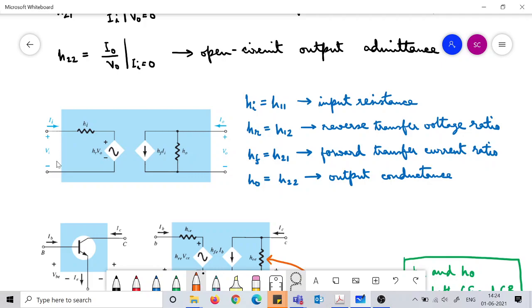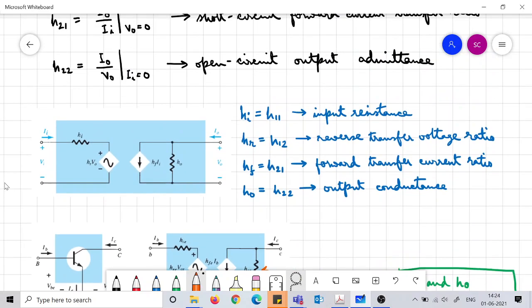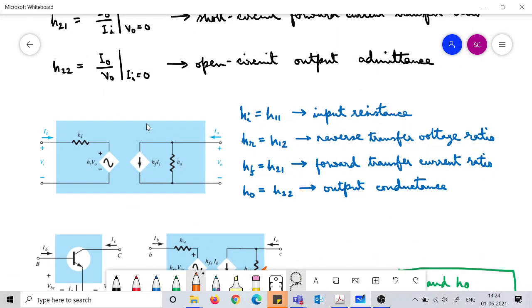So in the transistor, some input current comes inside, and sorry, this is not for the transistor, this is for the two-port system in general. This diagram is for the two-port system in general. So you see now that I can actually write down this HI, HR, HF, H0.